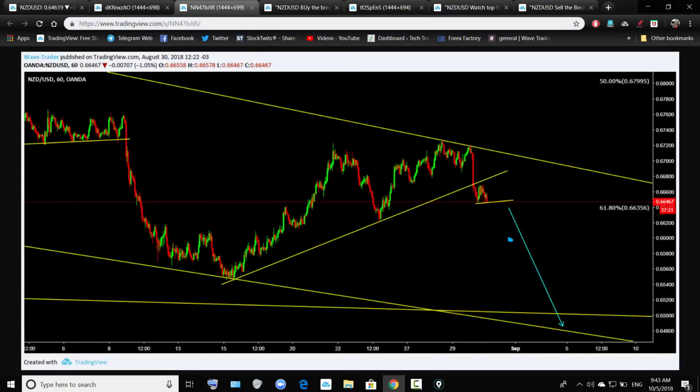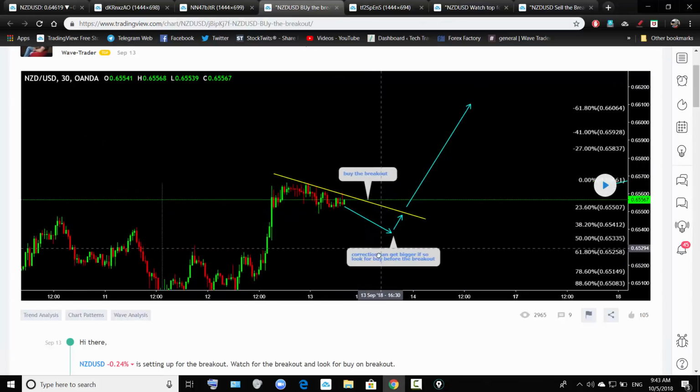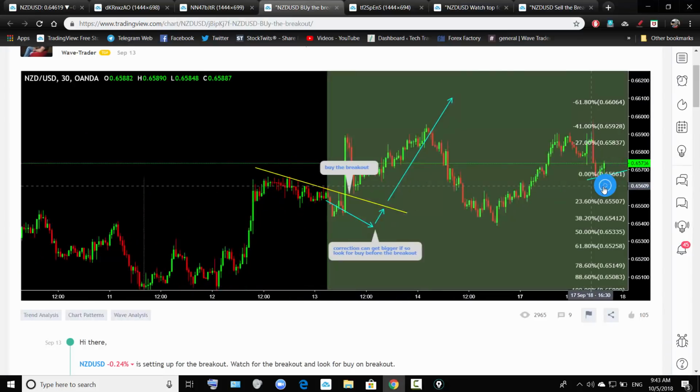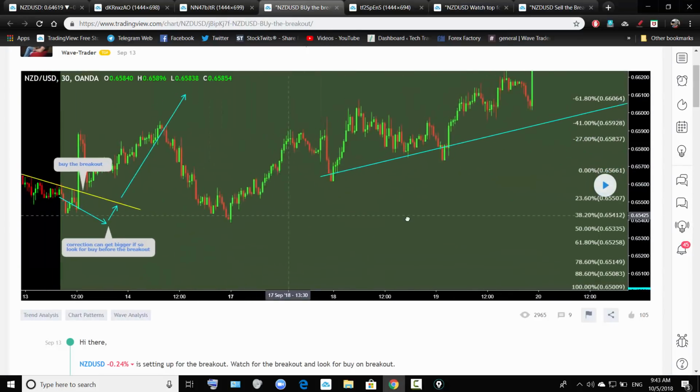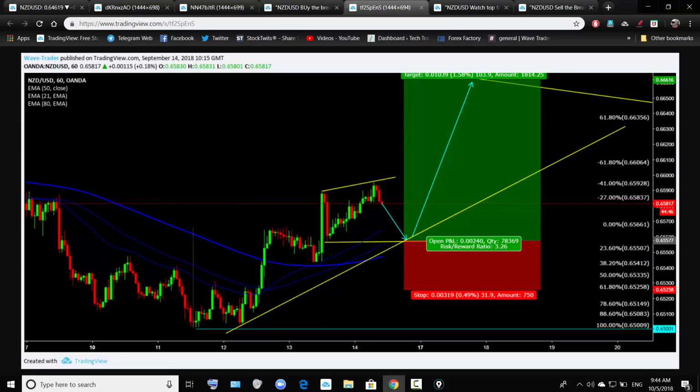We got nice price action from the top, and then we got the correction, and then we took that trade all the way back to the bottom. When price hit the bottom, we were looking for this 30-minute time frame to break up and continue for upside. It broke up pretty well, then changed into another pattern formation. That was the breakout, and then we were looking for a buy here. We got that buy, and then we were looking for a sell at that top.